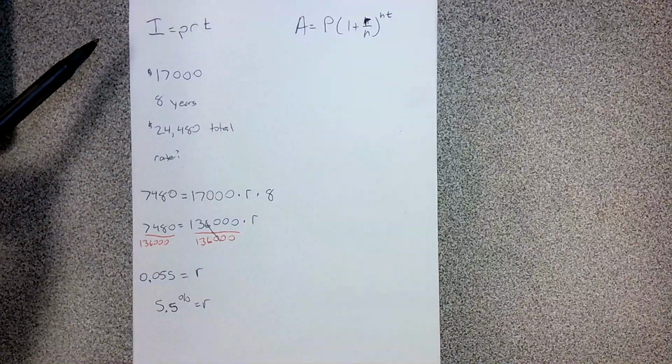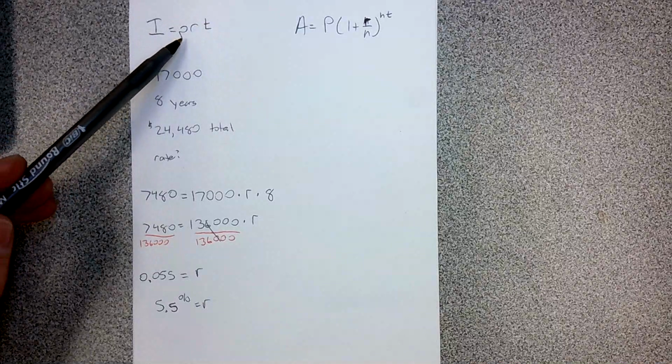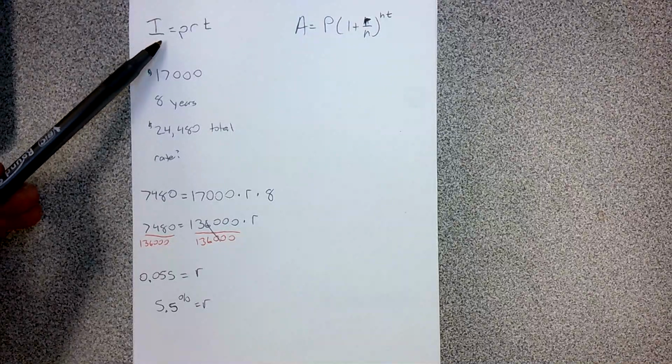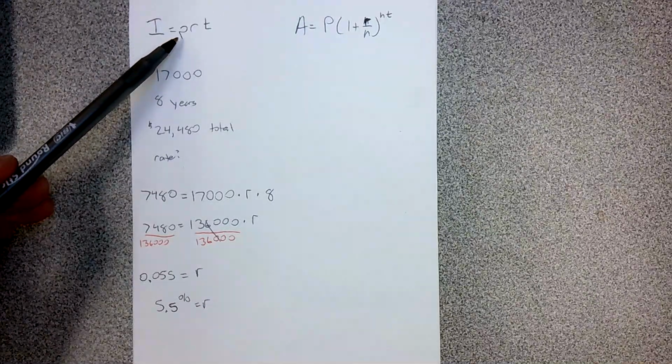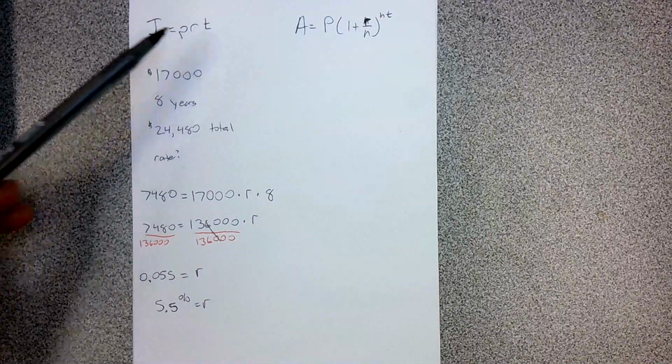Because it said it was simple interest, I was using the simple interest formula, I equals PRT, where I is the interest incurred, P is the principal, that's the original amount that you borrowed, R is the rate, which we didn't know in this case, and T is the time.